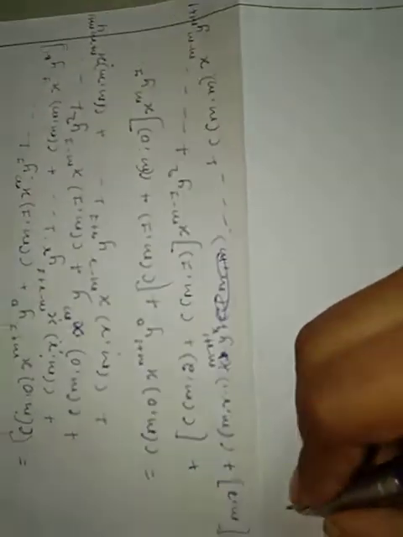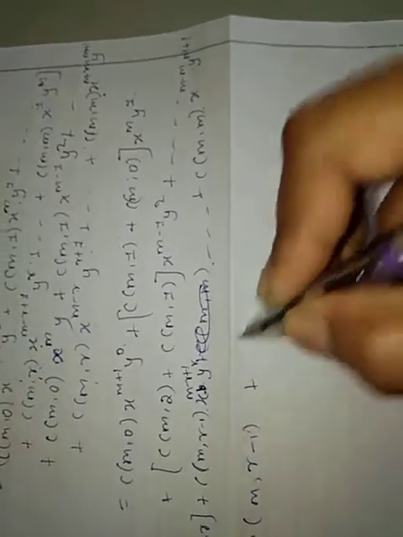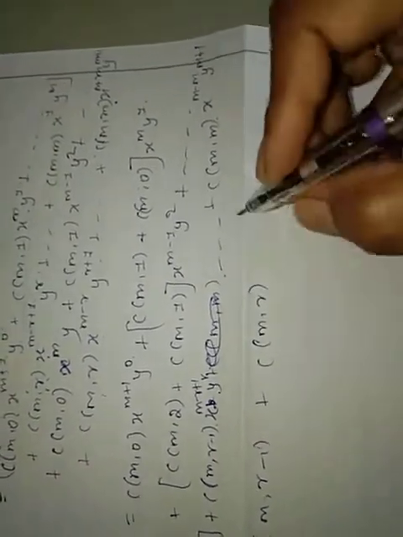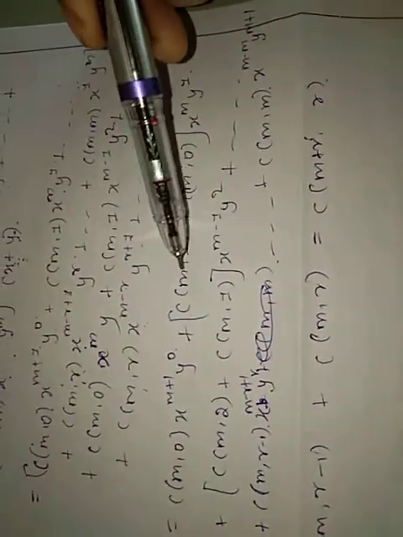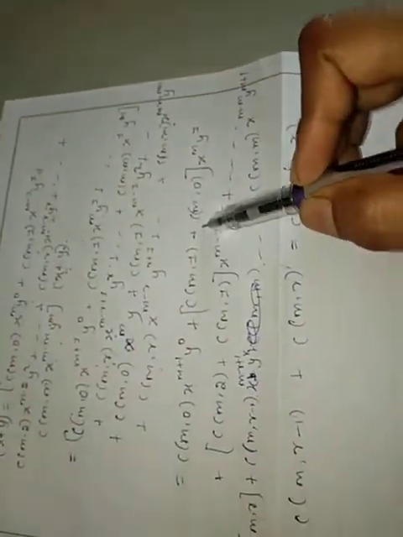So now here we are using the property of combination, that is C(m,r-1) plus C(m,r) is equal to C(m+1,r). By using this property in these terms, C(m,1) plus C(m,0), compare it with C(m,r), C(m,r-1).